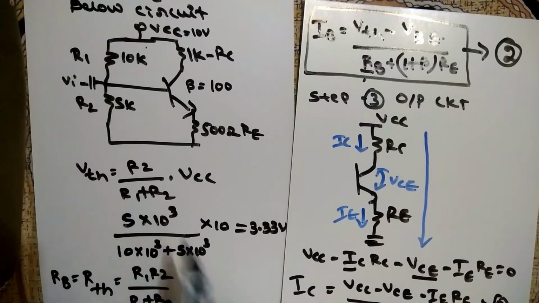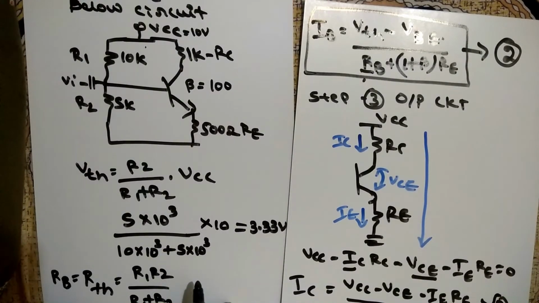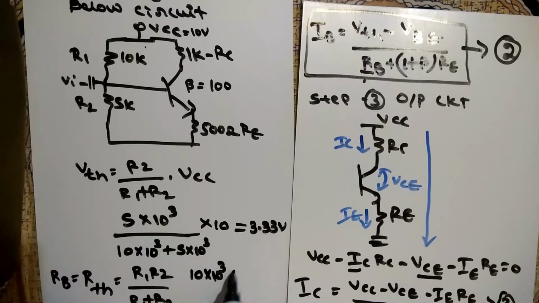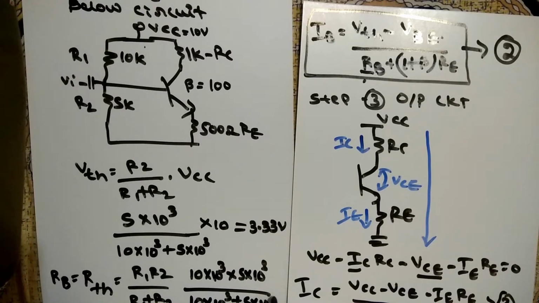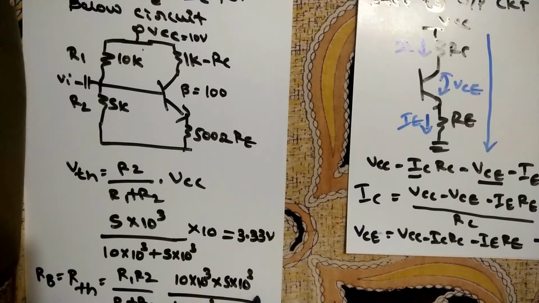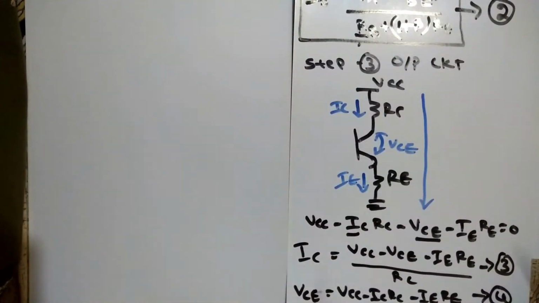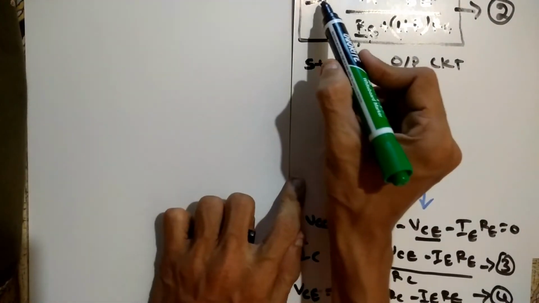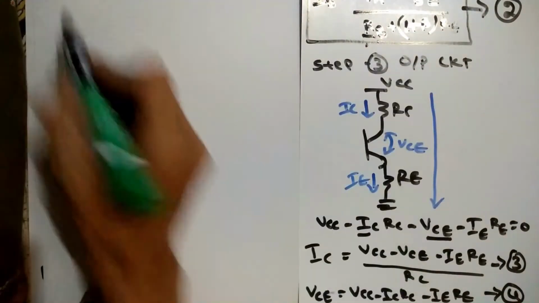Both are in kilo, so we can cancel that: 10 into 10 to the power of 3 into 5 into 10 to the power of 3, divided by 10 into 10 to the power of 3 plus 5 into 10 to the power of 3. If you pause and solve it, you will get the answer 3.33K.